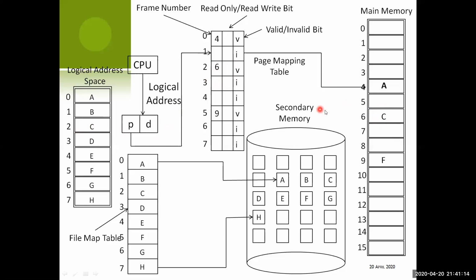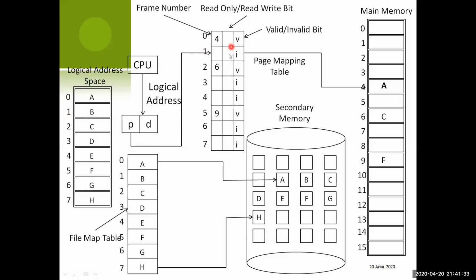Now suppose there may be a case where the CPU generates a logical address for page B. Then the page number is 1. We will go to the page mapping table and check the entry corresponding to page 1.